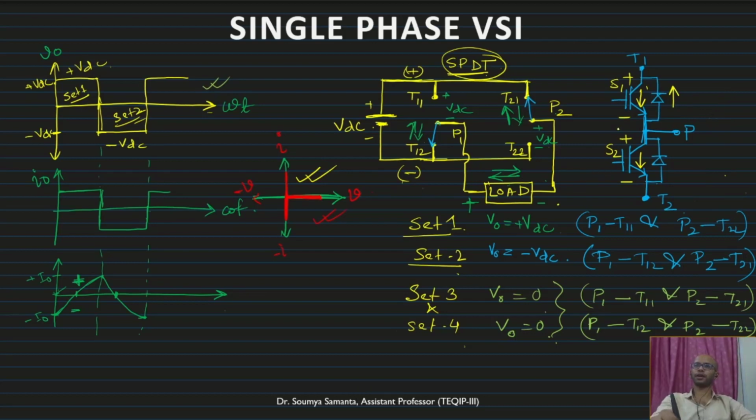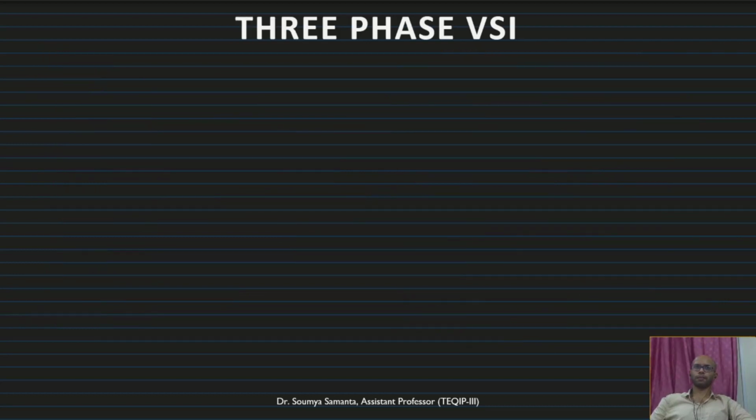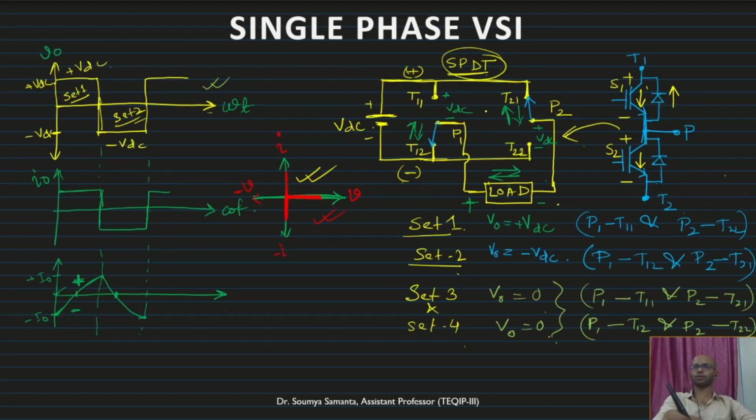So now if we replace this one here, what do we get? That we will see now. Let us erase this part. Instead of the SPDT switch, we are going to replace this by power electronic switches.